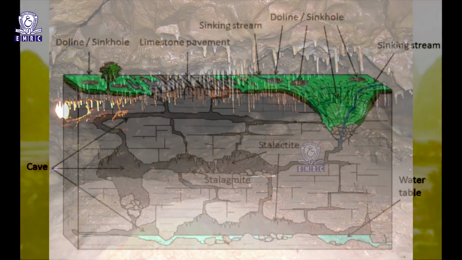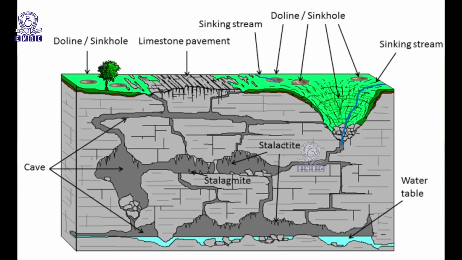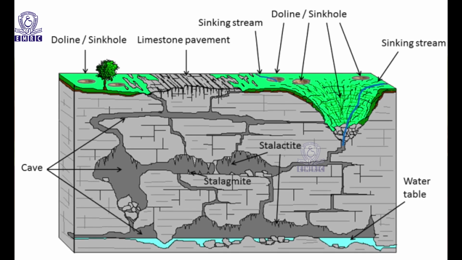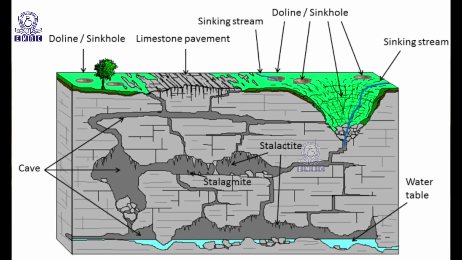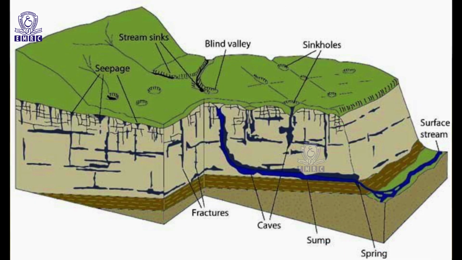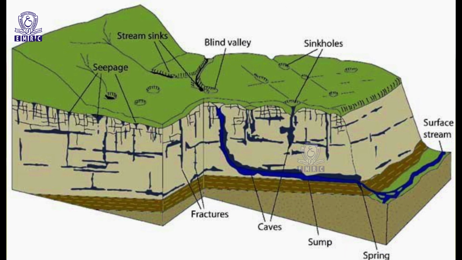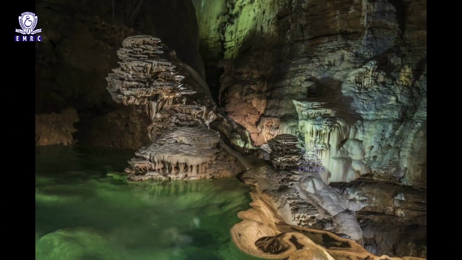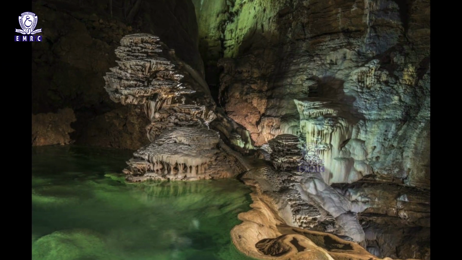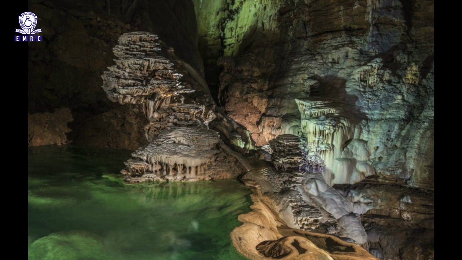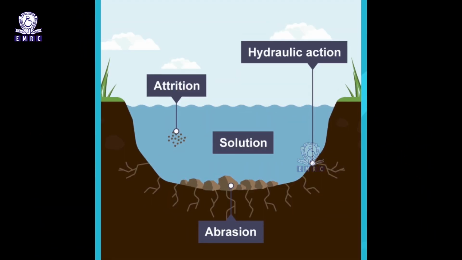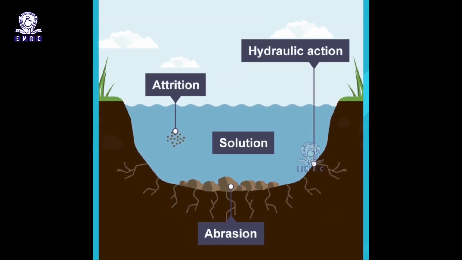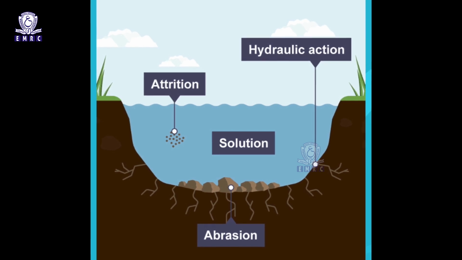along the joints. With the enlargement of sinkholes and swallow holes into dolines, surface drainage starts disappearing underground through different sinks and blind valleys. The underground drainage initiates the formation of caves and caverns through the underground solution and abrasion.